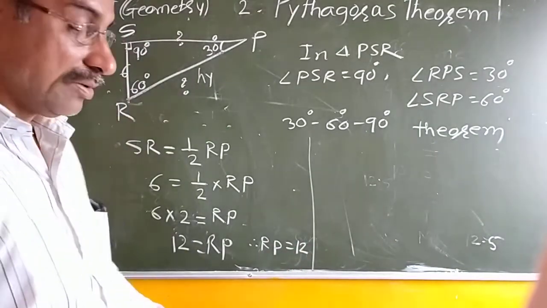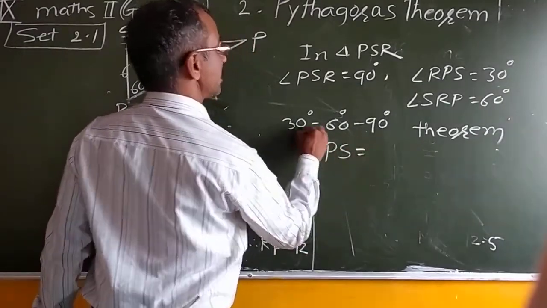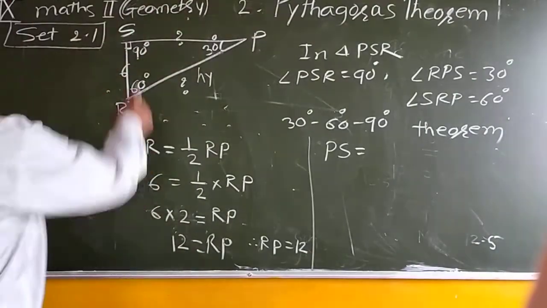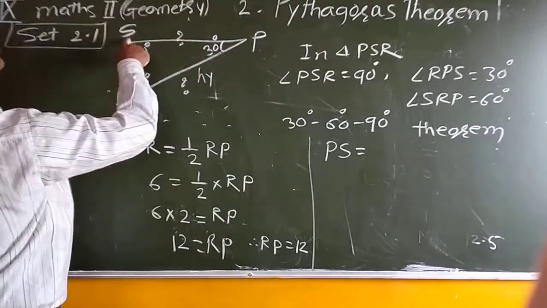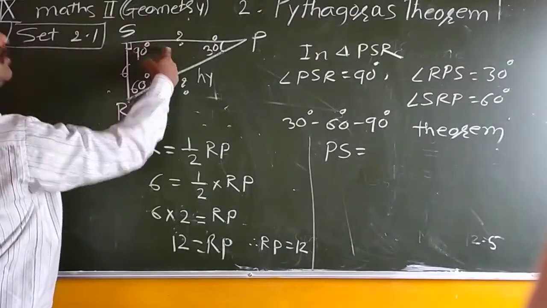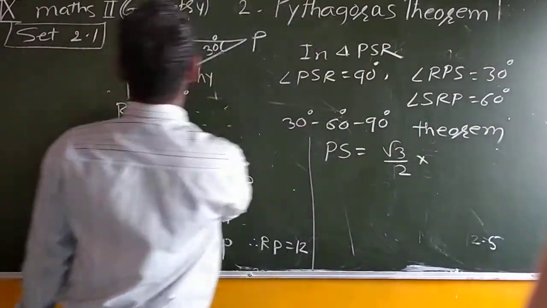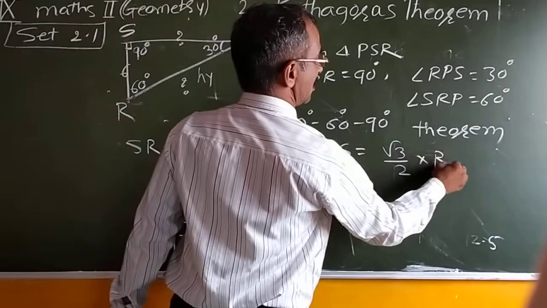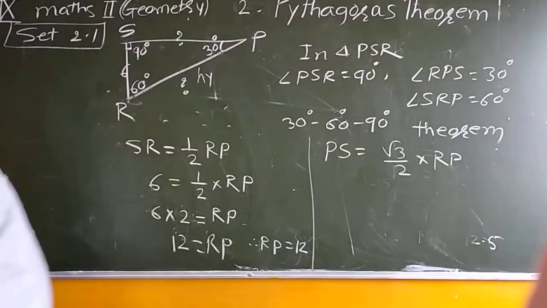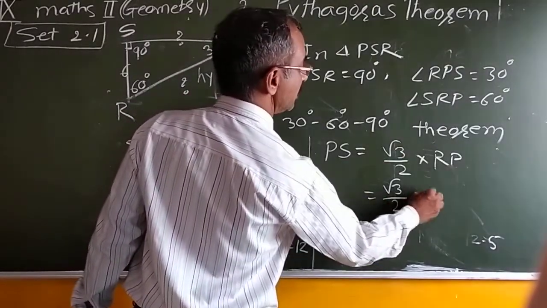Then find the value of PS. Again, the 30, 60, 90 degree theorem tells us the side opposite the 60 degree angle is √3/2 of the hypotenuse. What is the hypotenuse? RP is the hypotenuse. By using this property, we put the values, √3/2 into RP.